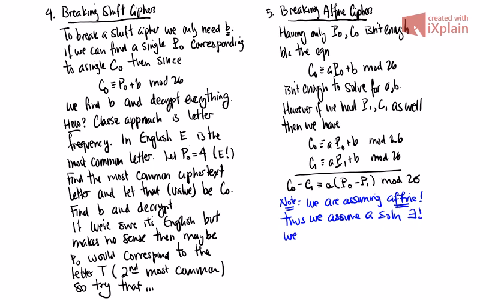In other words, we're assuming that the GCD of P0 minus P1 divides C0 minus C1. Now, could there be more than one solution?